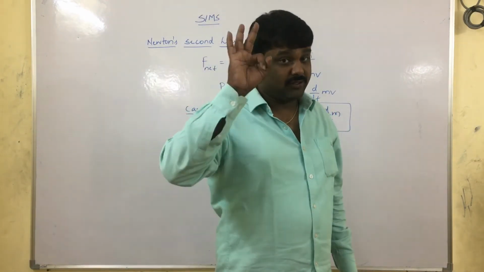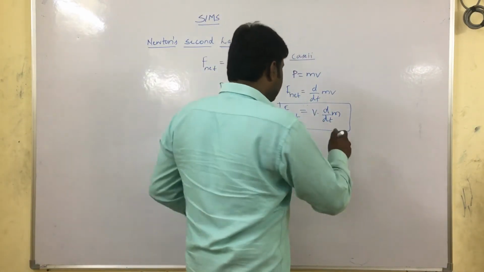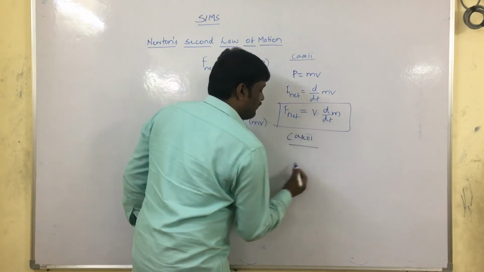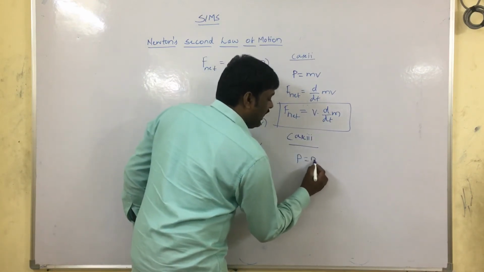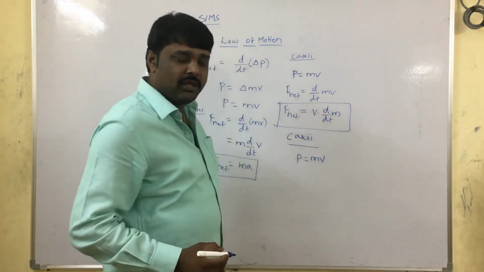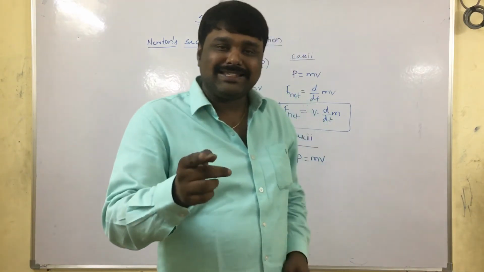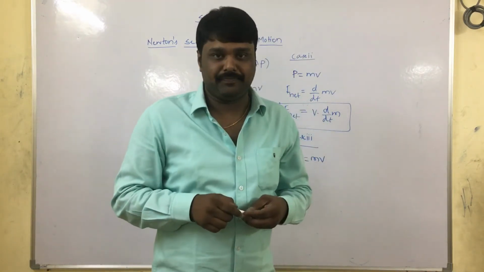And we have case 3 too. What is case 3? P equals mv, linear momentum. Now what happens if both mass and velocity change with respect to time?